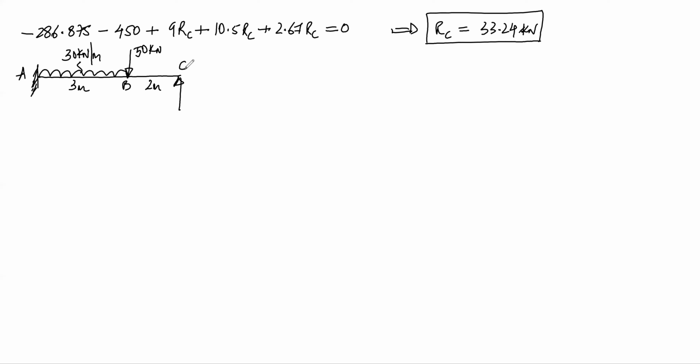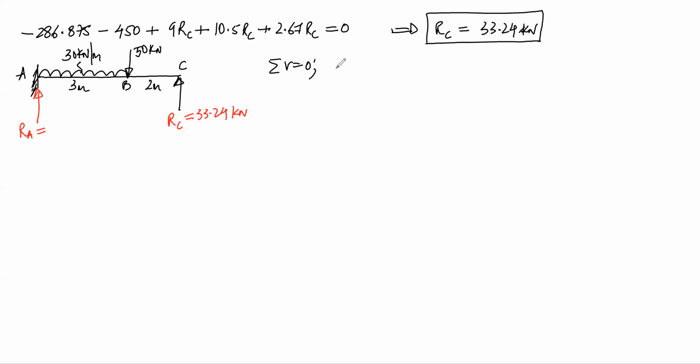So now here we have calculated the value of RC as 33.24 kilonewtons. And because we have a fixed support at A, we will have a vertical reaction at A. Let us consider it as RA, and it can be calculated by considering sum of all vertical forces is equal to 0.